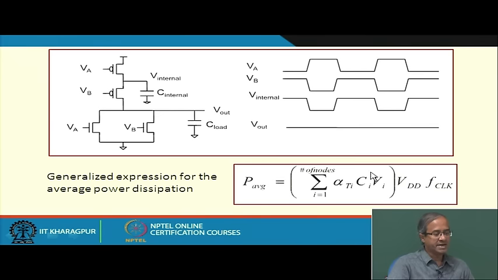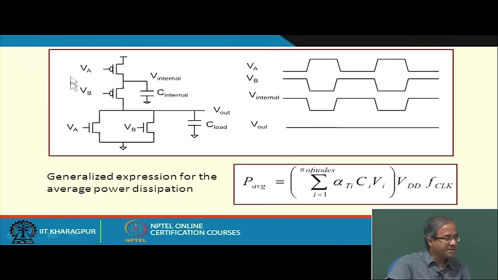VDD into f clock is there of course, but whenever we look at the charging and discharging of the capacitor, it is not only the output node. All the other internal nodes of this gate also matter. Like here there is another junction, so here also there will be an internal capacitance from this drain to ground. This is also not very negligible. This also has to be considered.